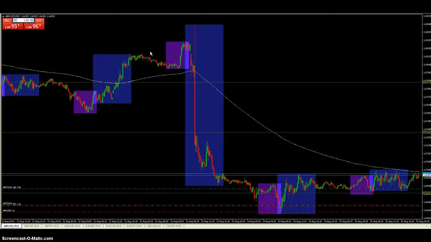I commonly use an Android phone and Android tablet for checking up on my accounts and making trades, opening and closing trades. There are certain times of day where you need to be on the ball and you need to be looking at your accounts and see what's going on, looking at the charts.